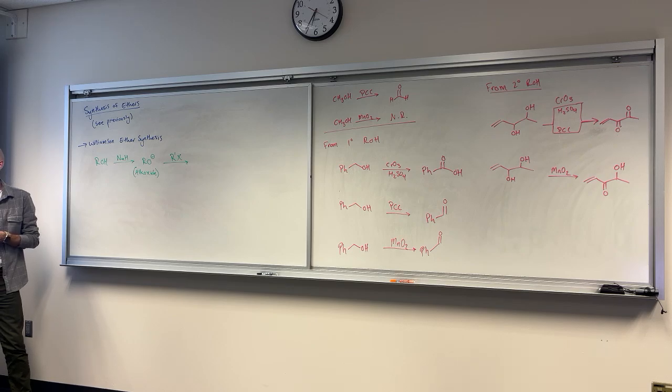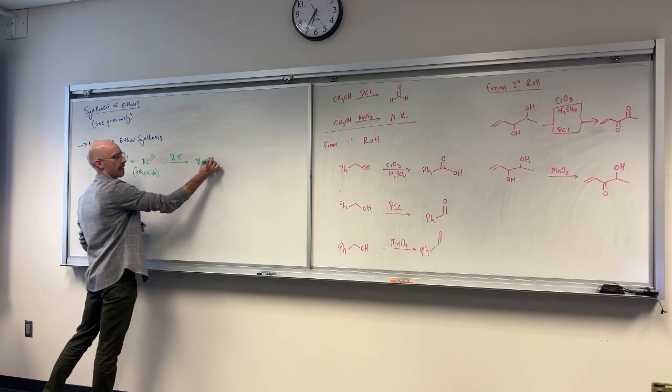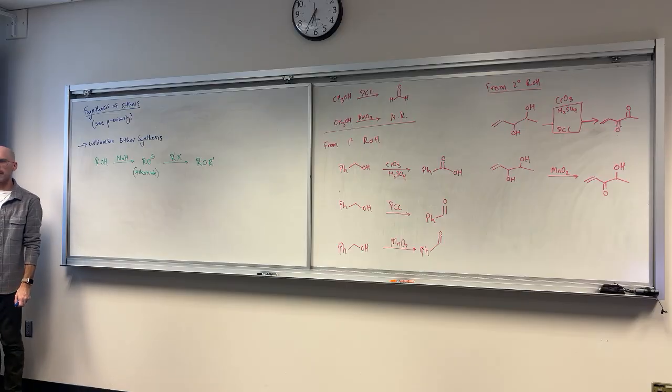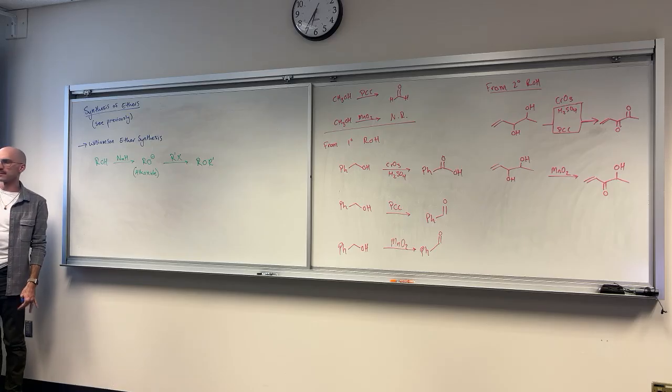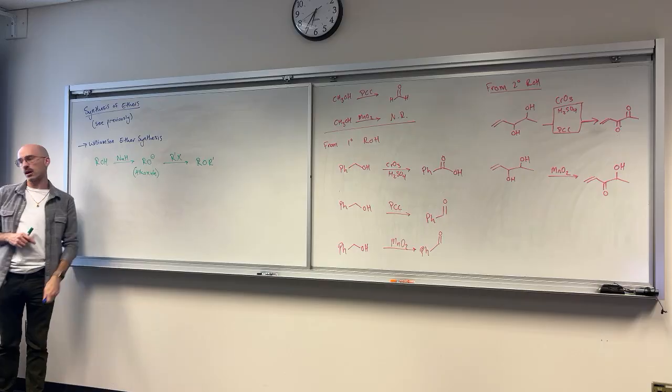Does that feel new to you? What does that feel like? Does that not feel like SN2 with NaOR? Because that's exactly what it is. Williamson ether synthesis is simply the production of the alkoxide.